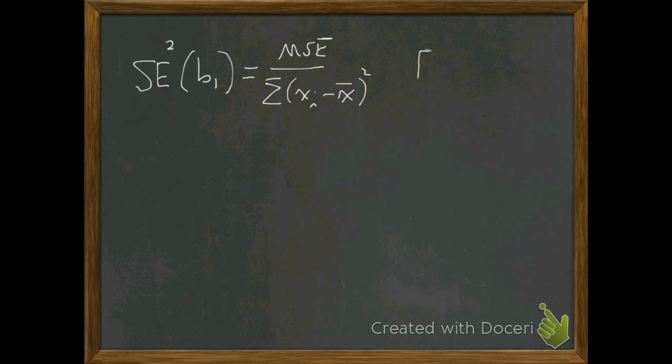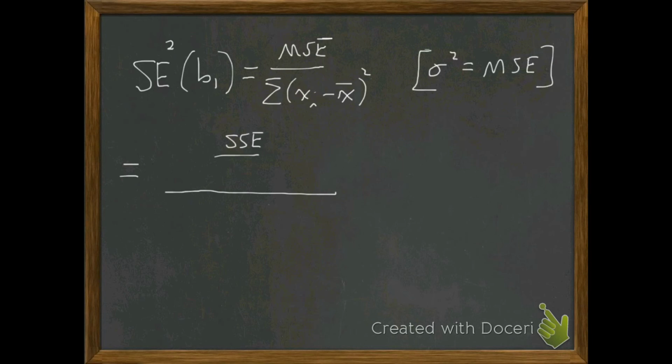Remember, sigma squared is the mean square error, which is the sum of squares for error divided by n minus 2.